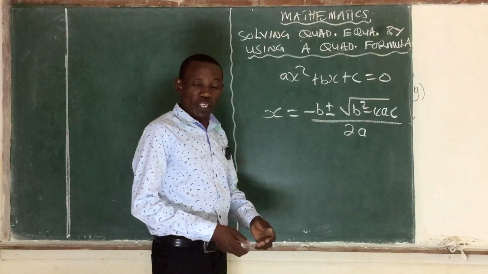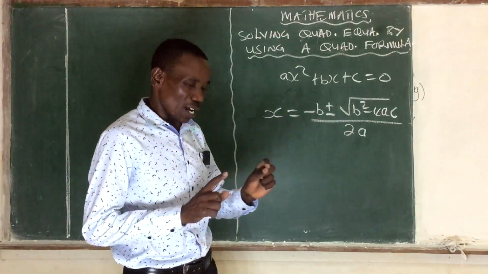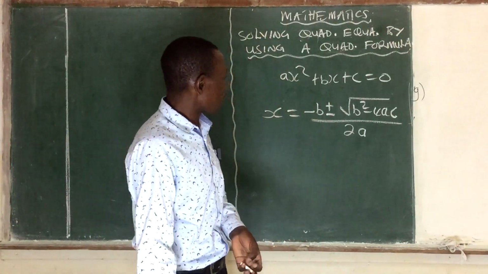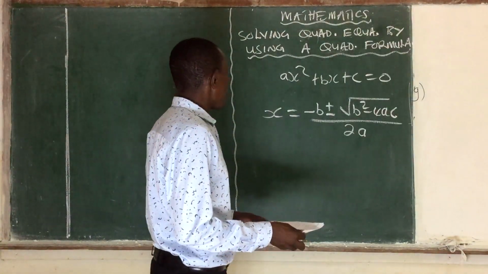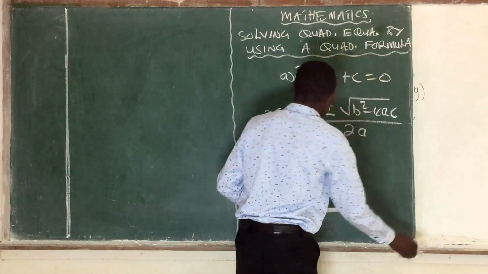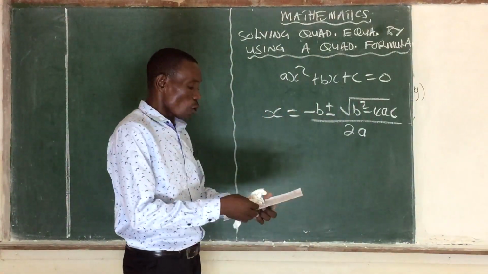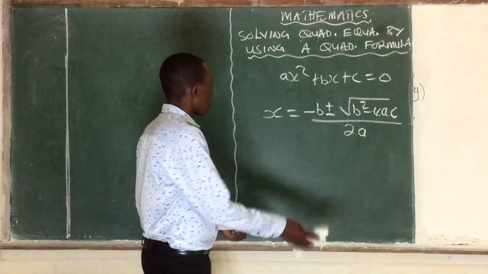Apart from the two methods we have discussed, completing the square and the factor method, now let's get into business. Here I have an example where we will need to use the quadratic formula to come up with the solutions.